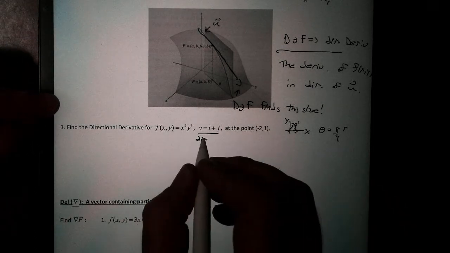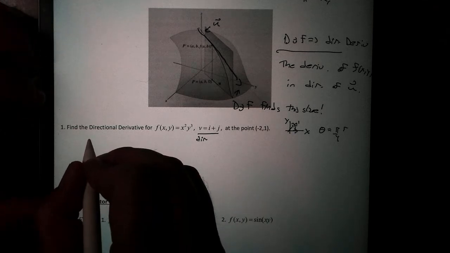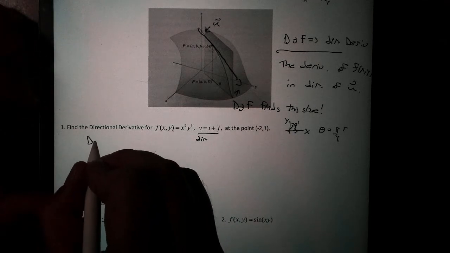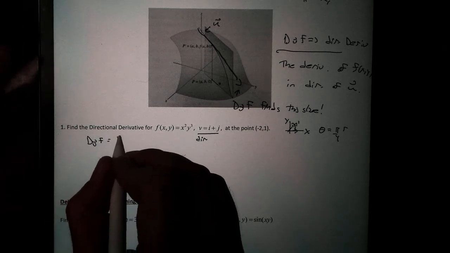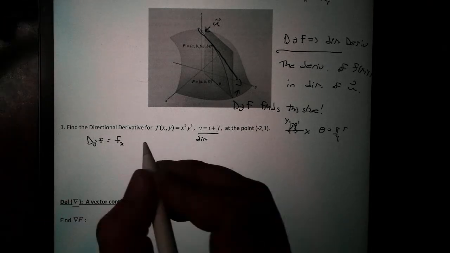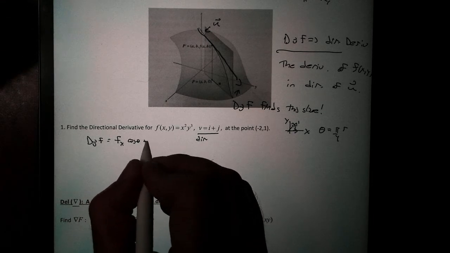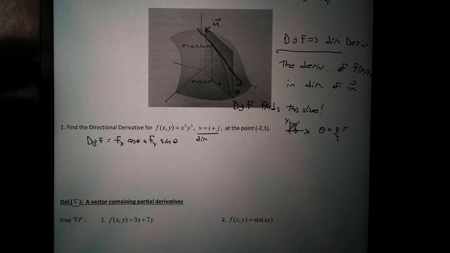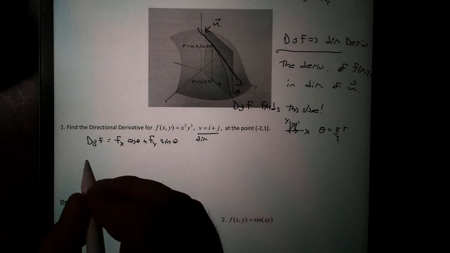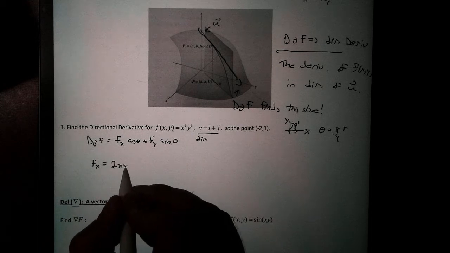So let's go ahead and solve this. Our rule from yesterday, you might recall what Duf is. The directional derivative is going to be, what was it? We said it was fx, the partial derivative with respect to x, times cosine of theta, plus the partial with respect to y times the sine of theta. So right away we already know we need our partials. The partial with respect to x is 2xy cubed.